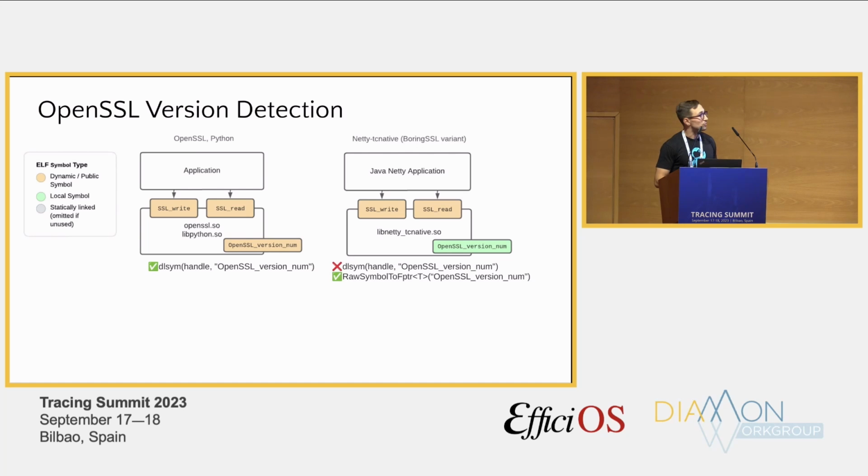And so our dlsym method from before did not work. And so we had to develop a way to find the raw memory address of where this function exists, which we call our raw symbol to function pointer. And from there, we were able to call that memory address, get the version, and proceed from there.